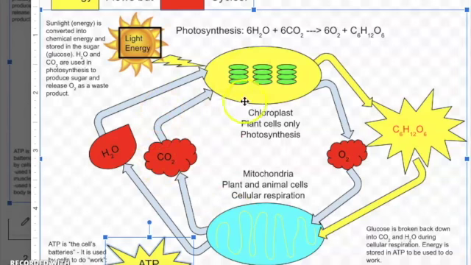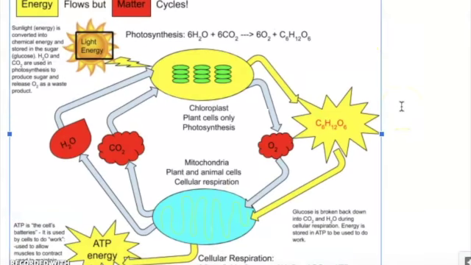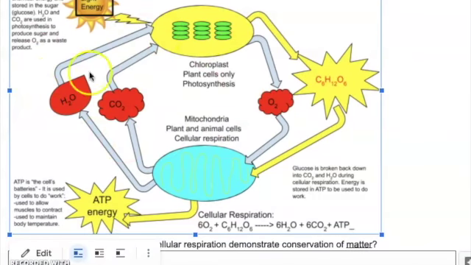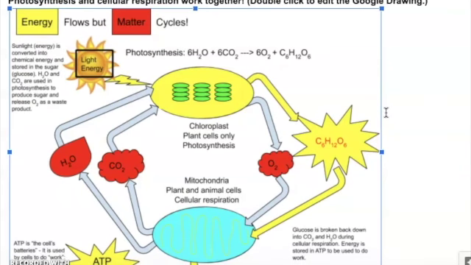So both of these processes are dependent upon one another. Okay, so now that we're done, I'm going to click Save and Close. And it'll take a second to repopulate, but here is our little model that we just created.